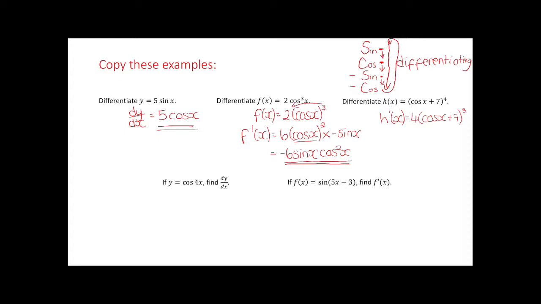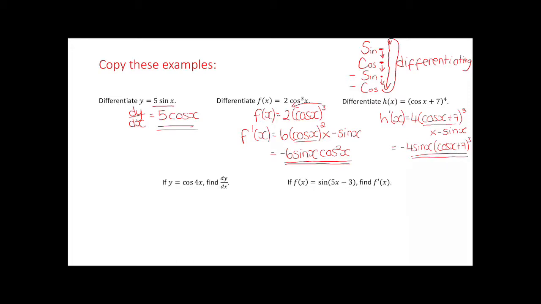This is your chain rule again, so we're now going to have to multiply by the derivative of the bracket. If we've got cos x plus 7 in our bracket, when we differentiate cos, we get negative sine x. And again, that can be tidied up to negative 4 sine x cos x plus 7 cubed. And that's our final answer.